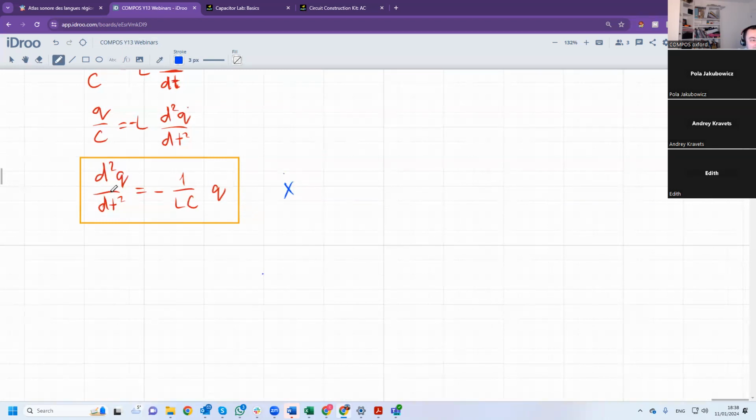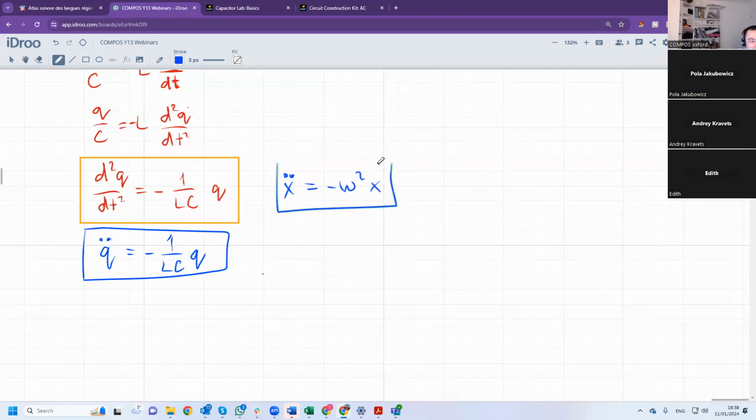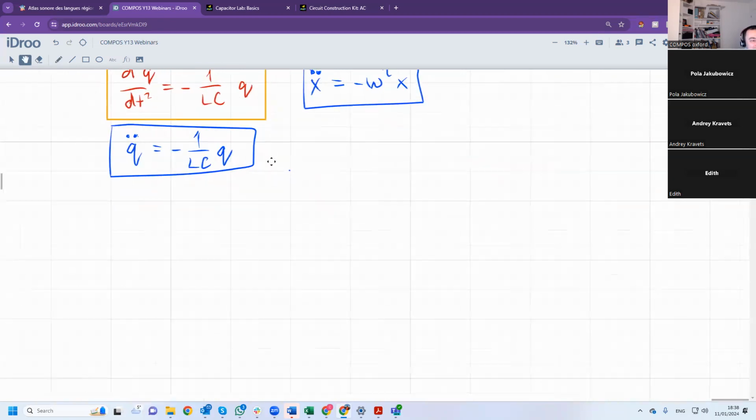It's the second derivative. Well, this is the second derivative of Q is equal to minus 1 over LC Q. It is SHM.